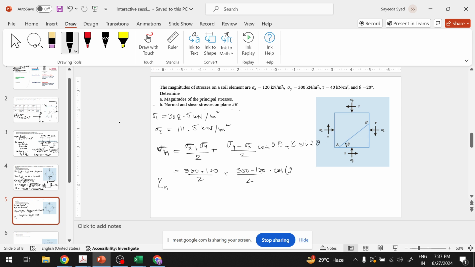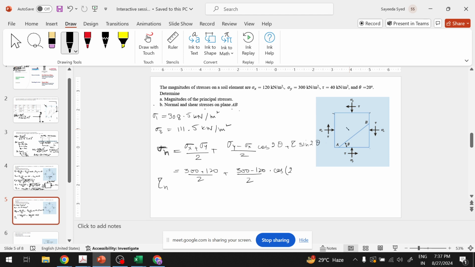Like, normal and shear stresses on plane AB. See, this is the whole element. Now we are talking about only A and B. Okay, we are talking about AB plane. When we talk about this plane, how we represent stresses on a plane, here you see there is one normal stress and there is one shear stress.